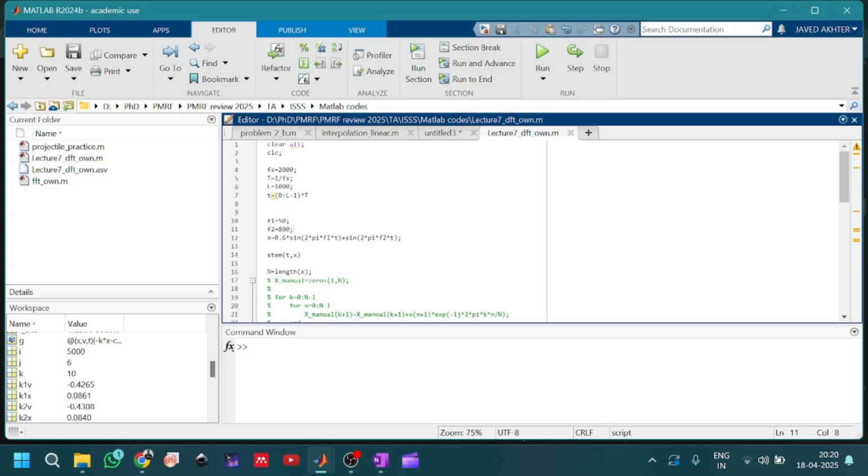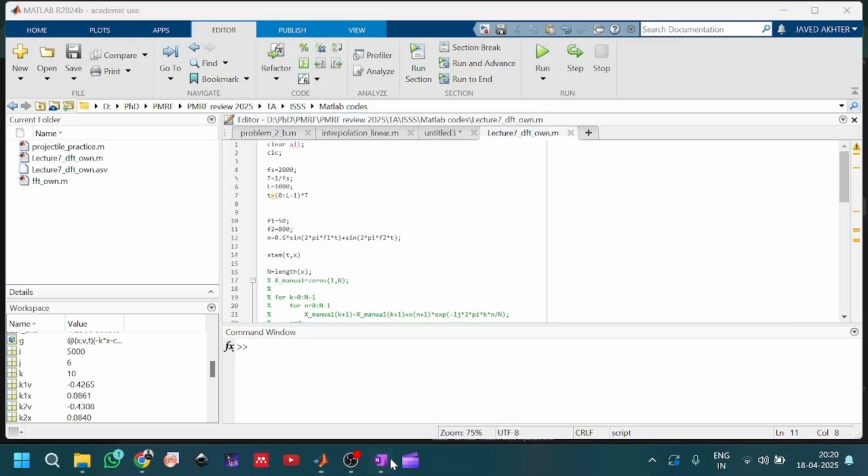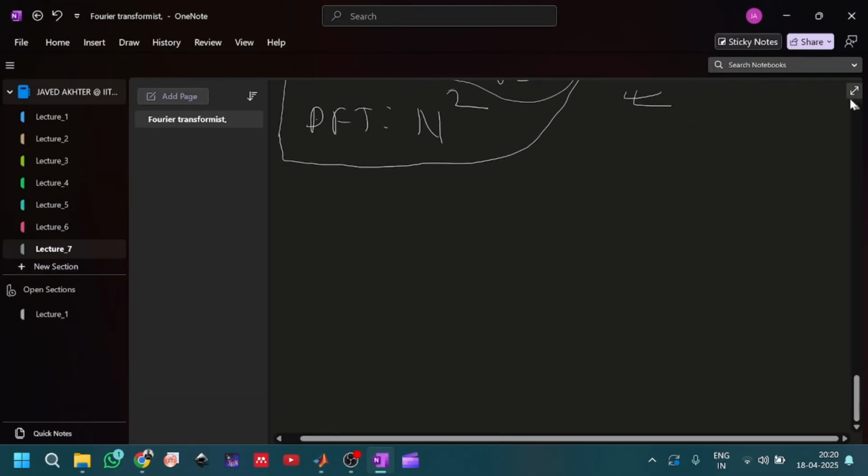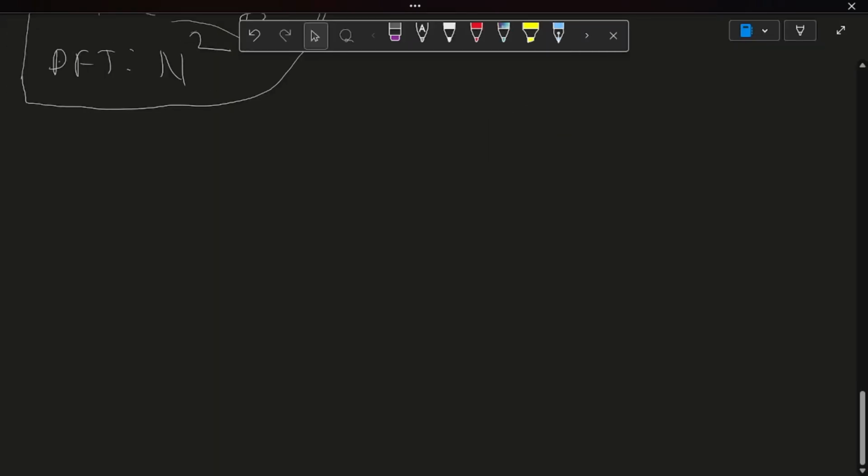Okay, so now let me show you how you can use this FFT and solve the damped harmonic oscillator equation. Let me start from scratch. Suppose this is our system. For example, consider a damped driven harmonic oscillator.